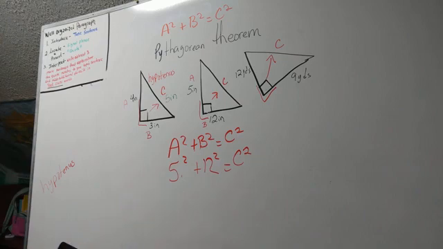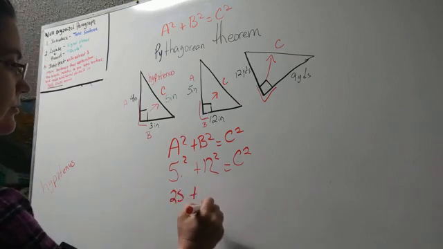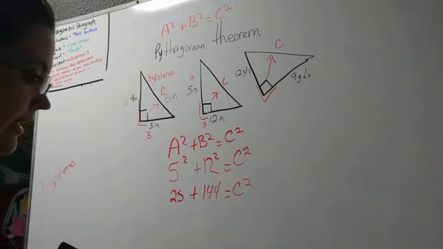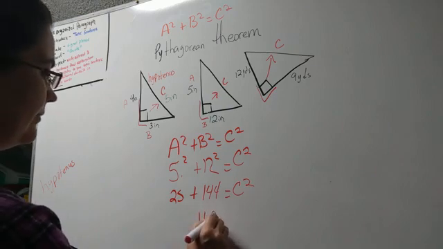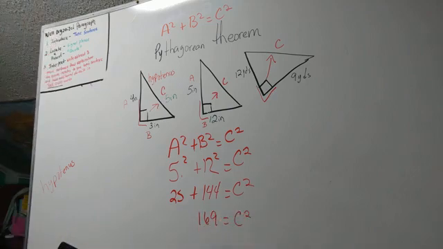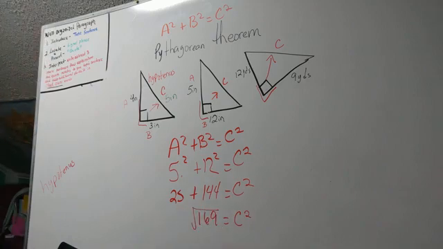Okay, so 5 squared is 25. And if I add 12 squared, which is 144, then I'm going to figure out what C squared is. So 144 plus 25 gives me 169. And then remember, this isn't the complete answer yet, because we have to find the square root of this number.